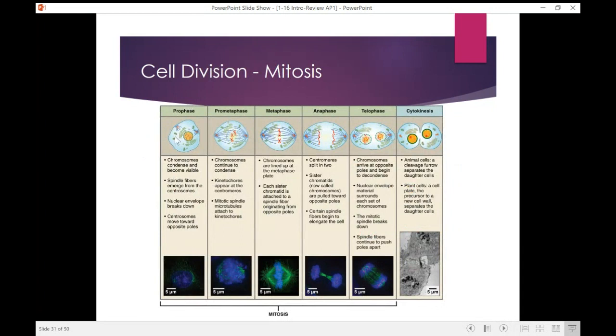So what happens is that first we're actually going to copy that DNA. So cell division is mitosis, and we can abbreviate it as PMAT: prophase, metaphase, anaphase, telophase. PMAT. Okay, so during prophase, this is when the chromosomes are going to condense and become visible. So most of the time, sitting in the nucleus, we can't really see the DNA.